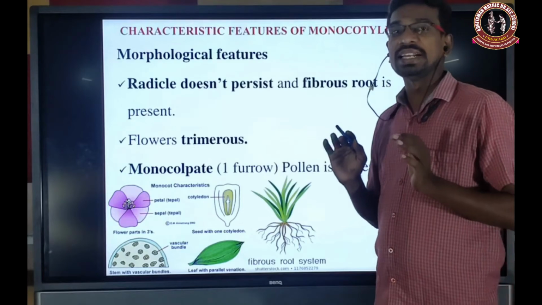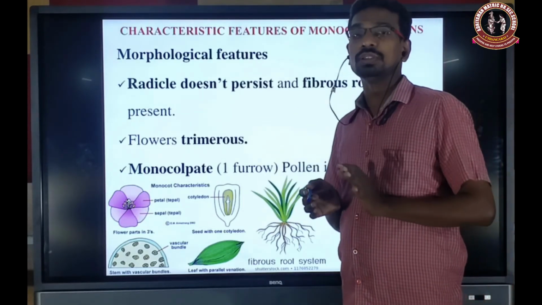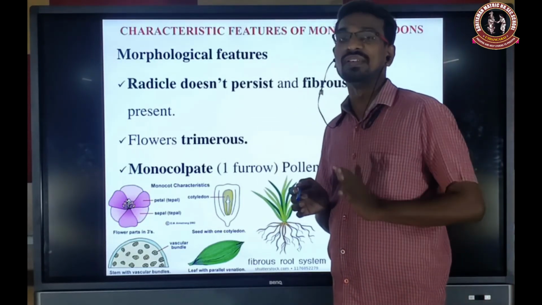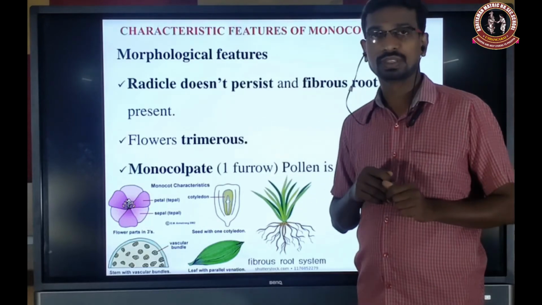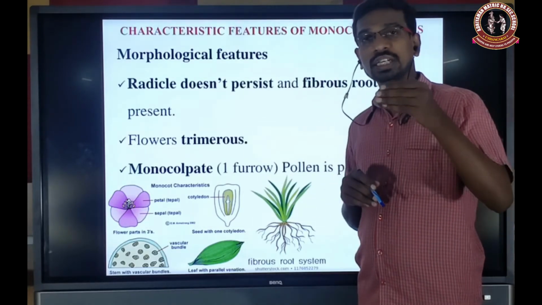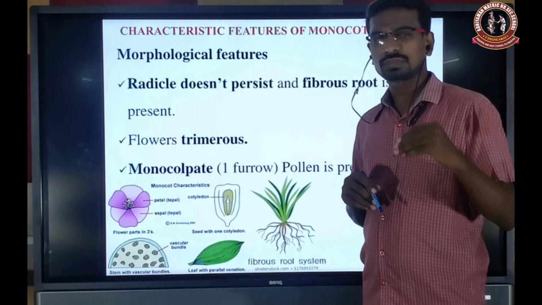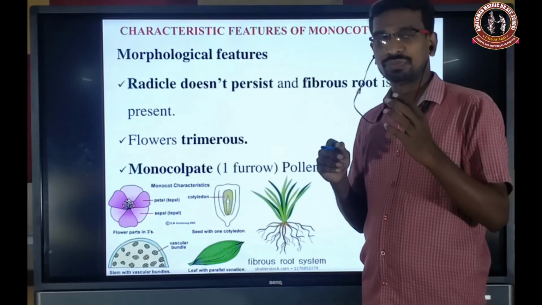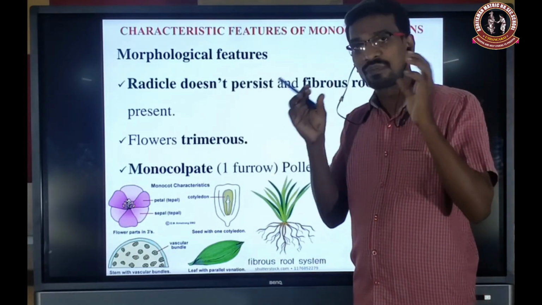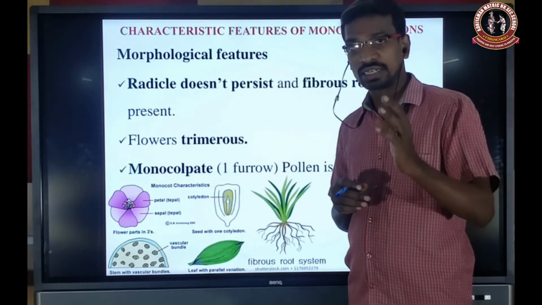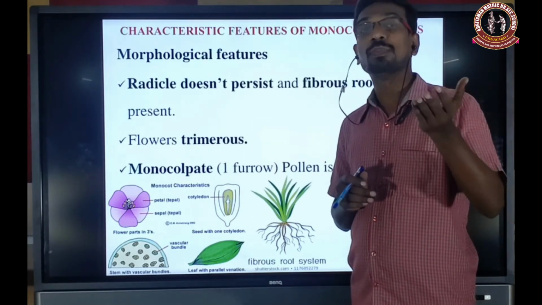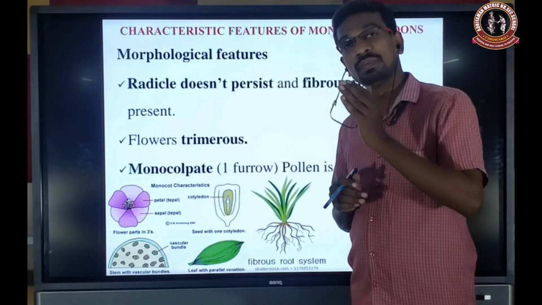Here, the radicle first forms the primary root. The primary root is short-lived in monocotyledons. Later it dies, and a number of root-like structures are formed from parts other than the radicle, from other parts of the plant body.